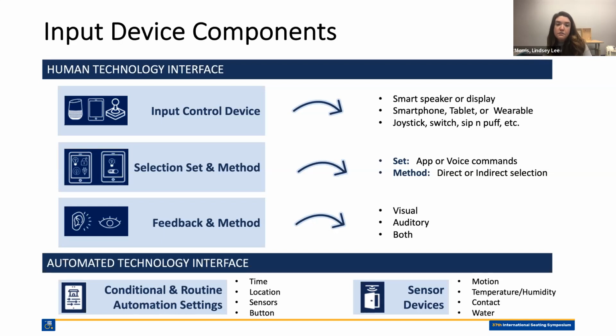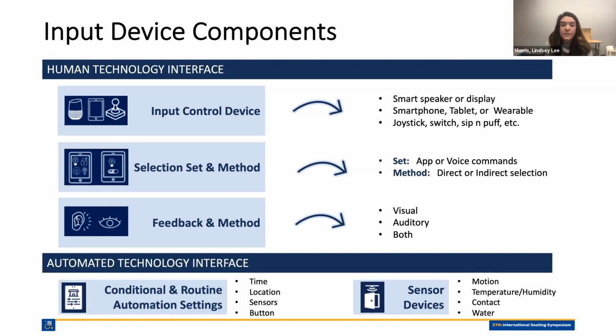Lastly, you want to consider the feedback methods, how a person knows that their response has been received and that their action has been completed. This can be a combination of visual, auditory, or both feedback indicators. Aside from just the human technology interface, there's also the automated technology interface, and this is where you can set conditional routines or automation settings based on time, location, or sensors.